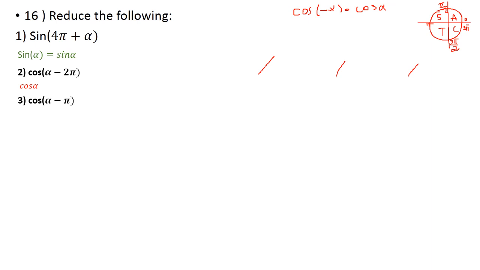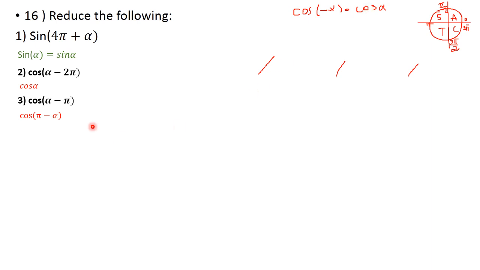So the negative form in this case doesn't matter. Okay, so I can write it again as cosine pi minus alpha. I can flip them directly without changing the sign, because cosine minus alpha is cosine alpha. Okay, so I write it as it is, cosine pi minus alpha.